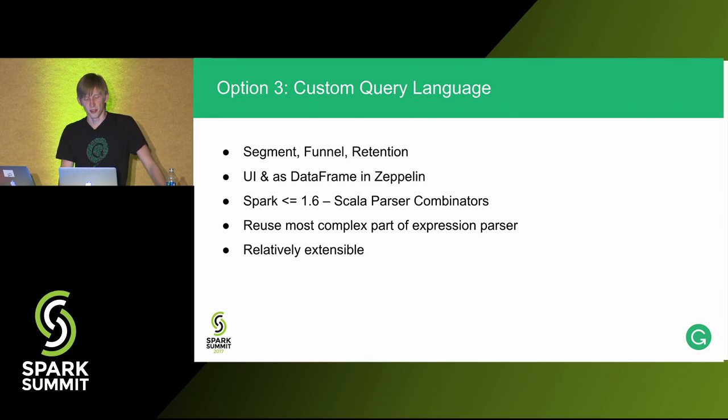One more trick about building your query language on top of the Spark parser for SQL is that they had it implemented using Spark parser combinators until version 1.6. Unfortunately, or fortunately, I don't know, starting Spark 2.0, they have it implemented using ANTLR, which is much harder to extend.